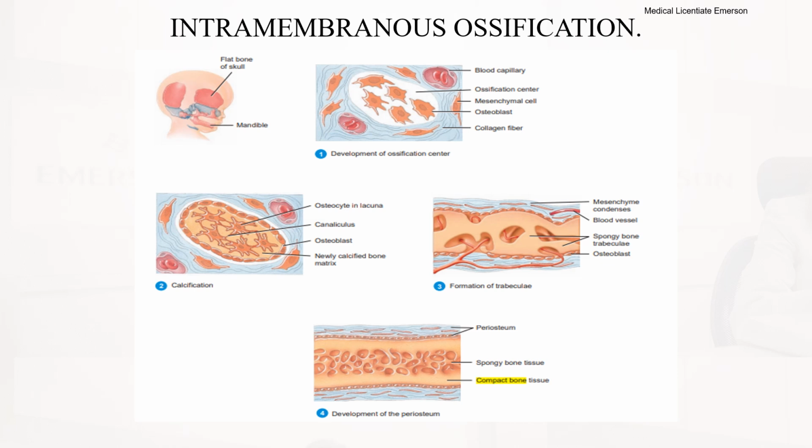So the outer layer is going to become the periosteum. Then inside there will be a spongy bone tissue. Then outside the spongy bone tissue, there's going to be a compact bone. This is how intramembranous ossification occurs.